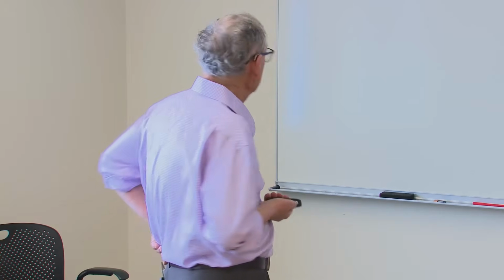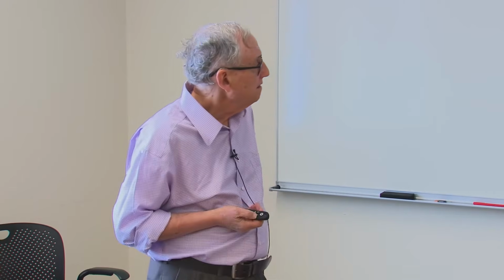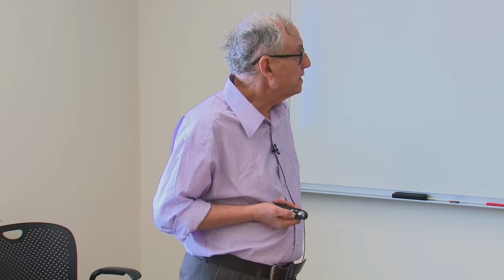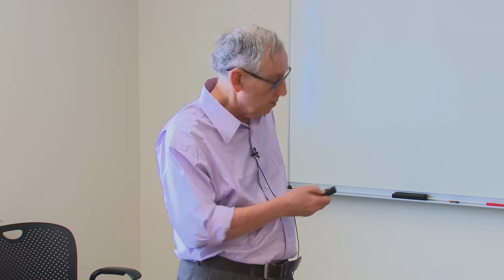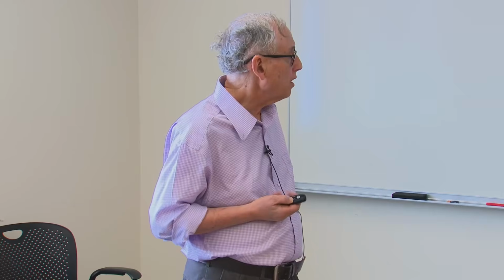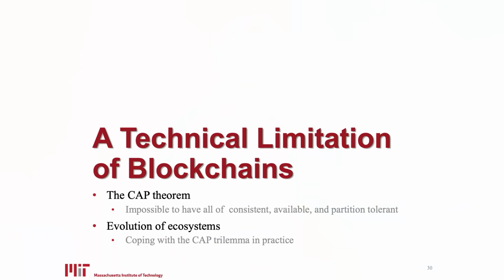Okay. So let me, at the risk of extolling the virtues, I promised you balance. So let me provide some caution in terms of the limitation of blockchains. The first has to do with something called the CAP theorem, which is a theorem in computer science.